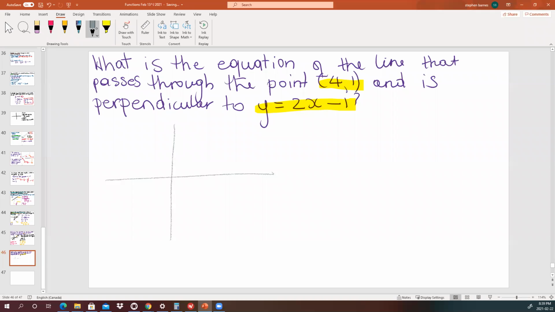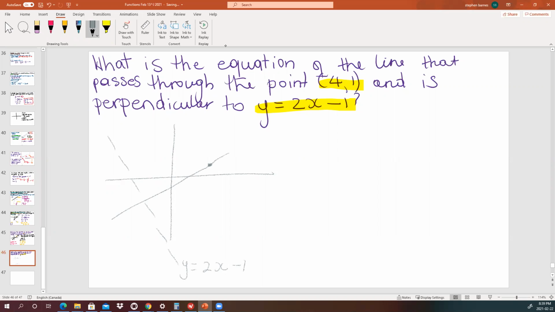So 4 on the x-axis, 1 on the y-axis. Somewhere like that. The line passes through it, right? And we know there's another line that is perpendicular to it. So somewhere along the line, it is cut by another line. And this line has an equation that is 2y equals 2x minus 1.